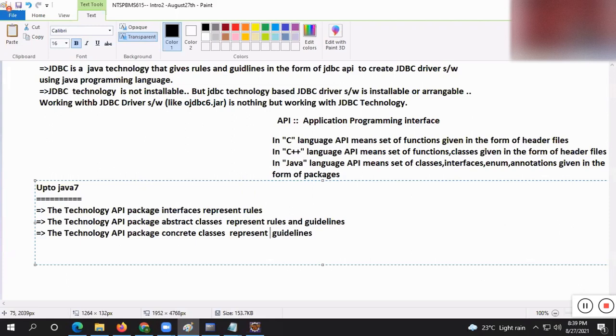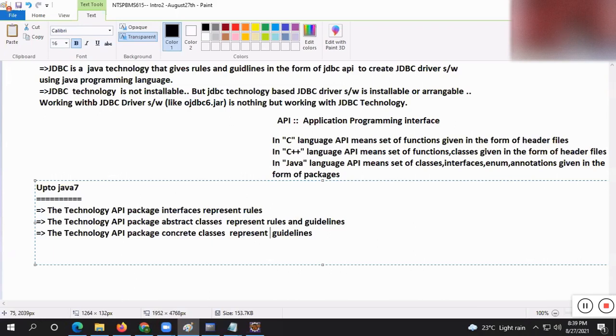Once again, if I develop a class implementing an interface, all methods of the interface should be implemented. Should implement means rule. When I develop a class extending from an abstract class, concrete methods can be overridden or ignored, but abstract methods must be implemented.